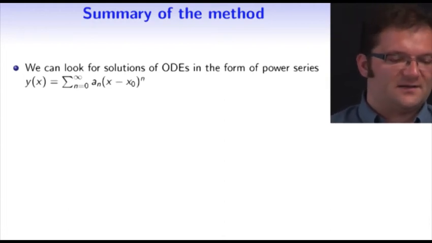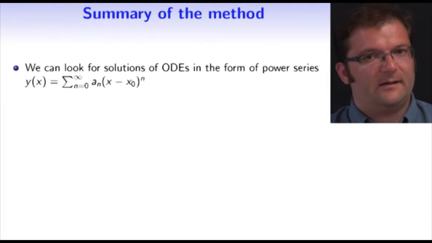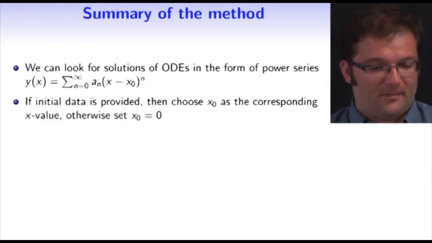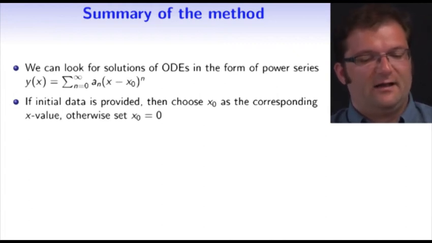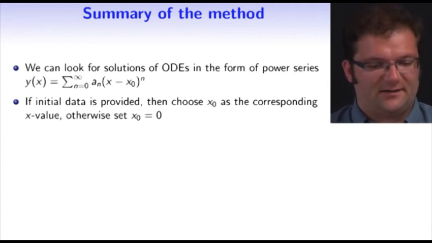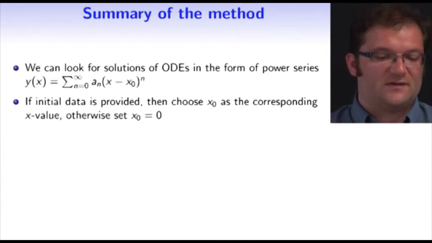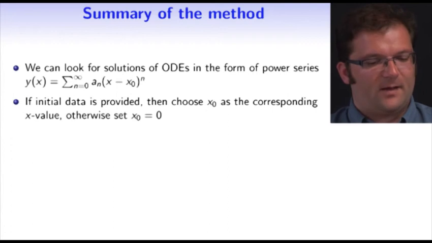Simply set y of x as the sum of a_n times (x - x_0)^n, where n goes from 0 to infinity. x_0 is a number you can choose. If you are given initial conditions, then choose x_0 as the point where the initial data is provided. If you are not given any initial conditions, then simply set x_0 equal to 0, because this is usually the easiest case.